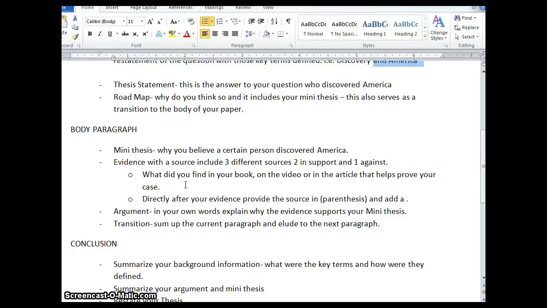Okay? Evidence number two could be something to the effect of, although there were Native Americans already on the Americas, they did not realize that there were other parts of the world that could be traded with. Evidence number three, after Columbus, trading between the Americas and the world became a very lucrative business for several countries. What this is saying, obviously, is that Columbus and his voyage to America changed the world.